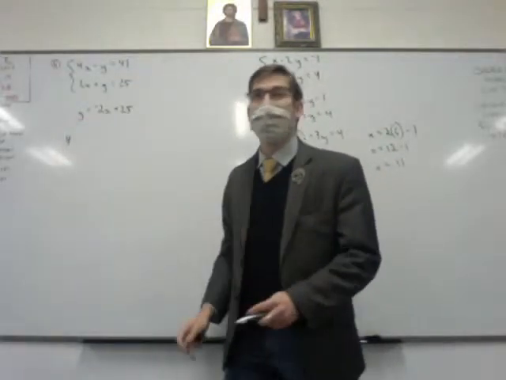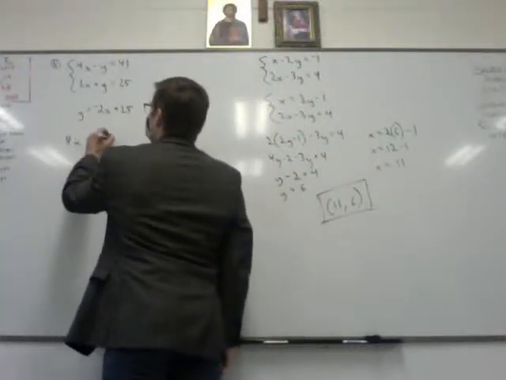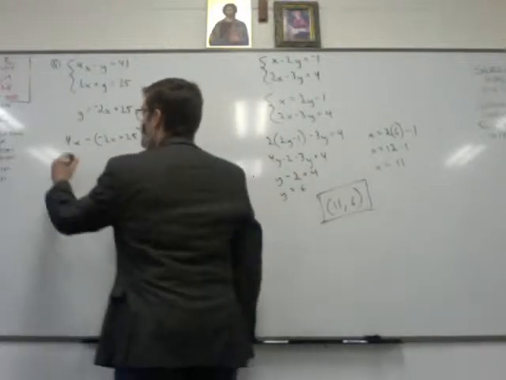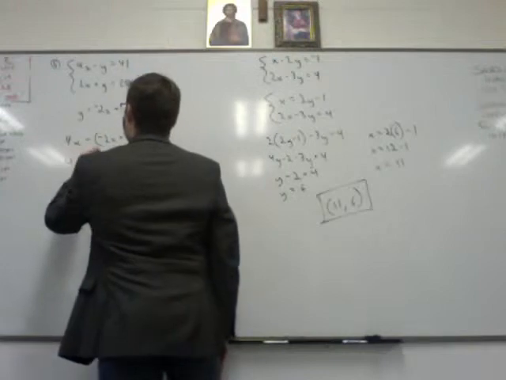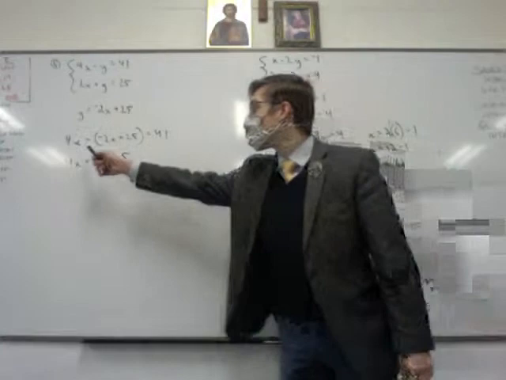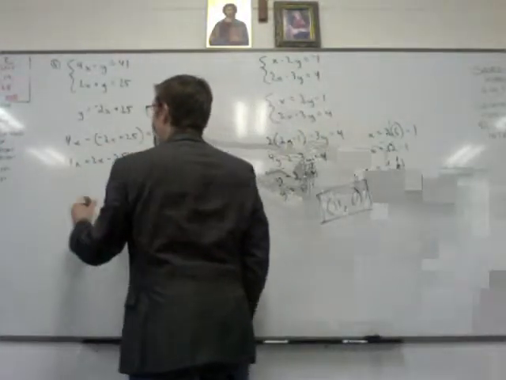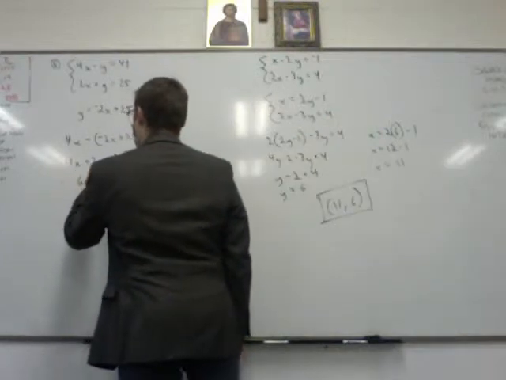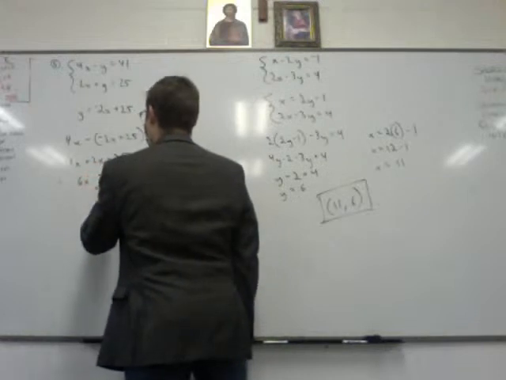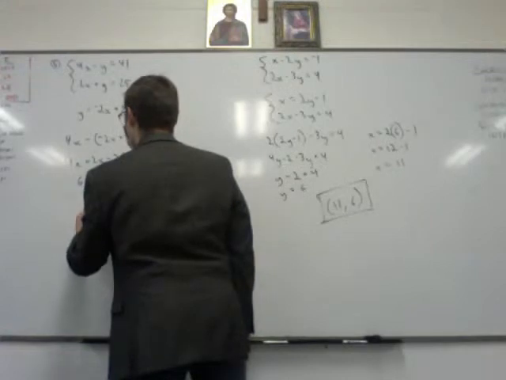So 4x minus, in parentheses, negative 2x plus 25, equals 41. 4x plus 2x minus 25, because this negative distributes, equals 41. Now what do we do? 6x minus 25 equals 41. Add 25. What do we get? 6x equals 66. X equals 11.